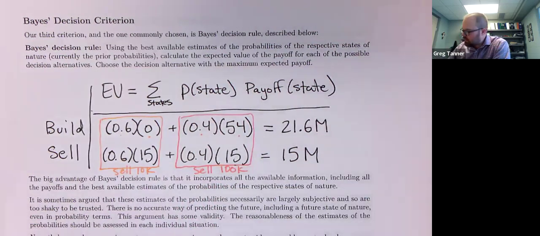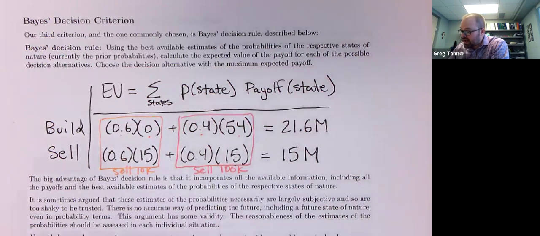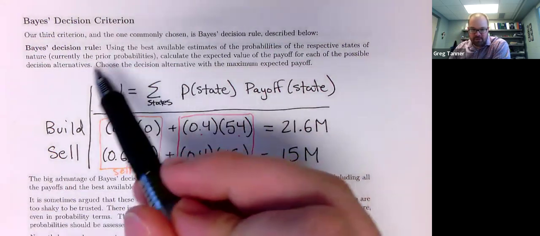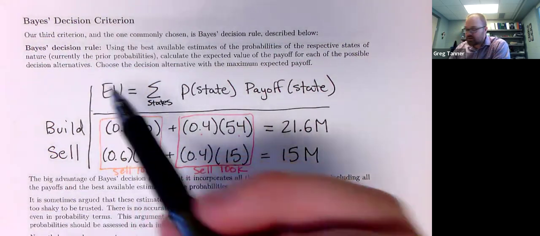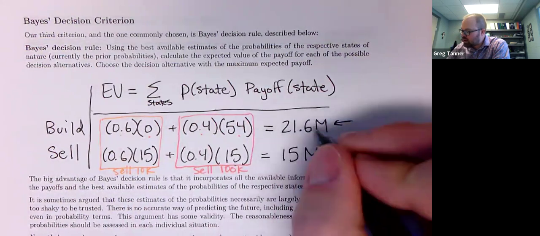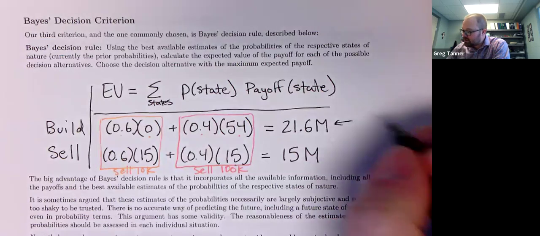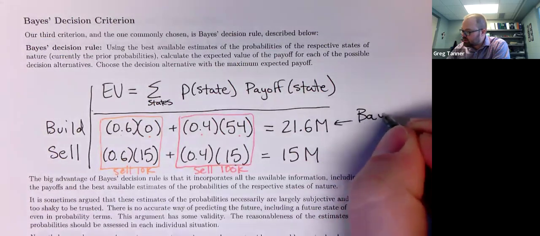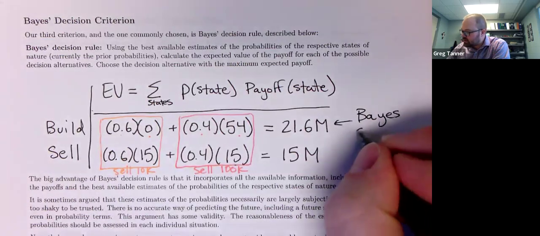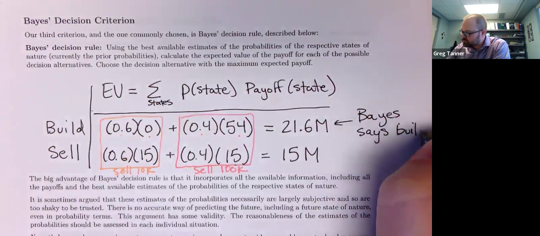Okay. And so that's what we mean when we compute an expected value. On average, we should expect to get more out of building the computers than selling the rights. And so according to Bayes' decision criteria, Bayes says build.